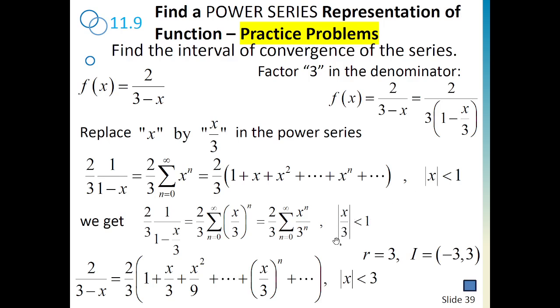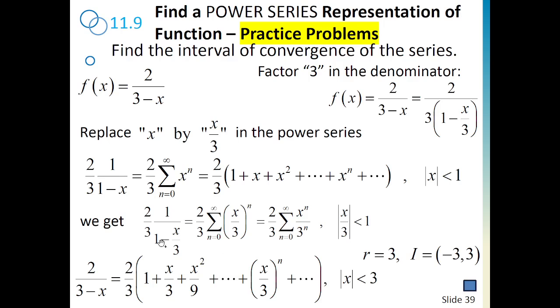So now here the interval of convergence will be absolute value of x smaller than 3, so interval is between -3 and 3, open. So you see, we need to be careful to replace x by our expression x over 3 in 3 different places. Here with the sum, here as a general term of the series, and in the expression for the interval of convergence.